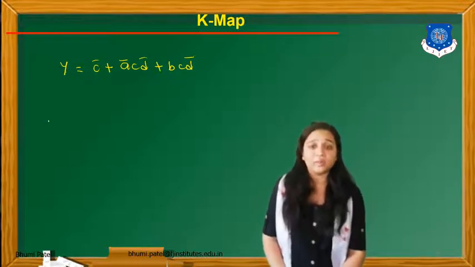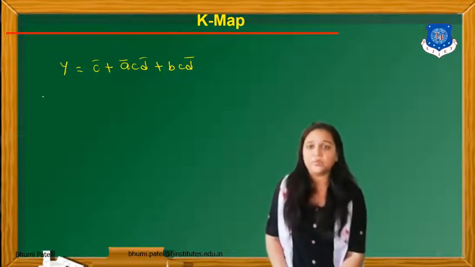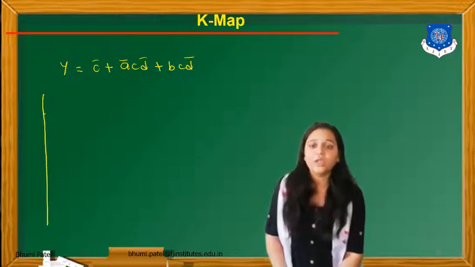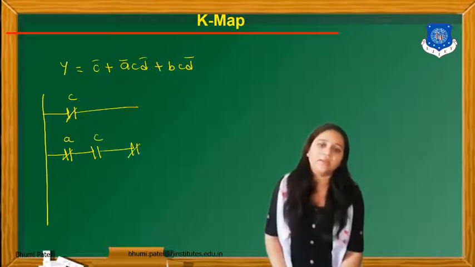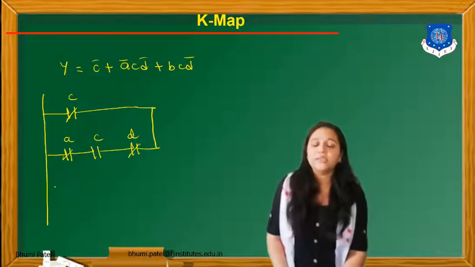Now the next step is we have to draw the ladder logic diagram for this particular equation. So simply put the input, C complement first of all, then in the parallel connection A bar C B bar. So A bar as a normally closed contact, then C as a normally open contact and D as a normally closed contact. This is my second input, and the third one is B C D bar.